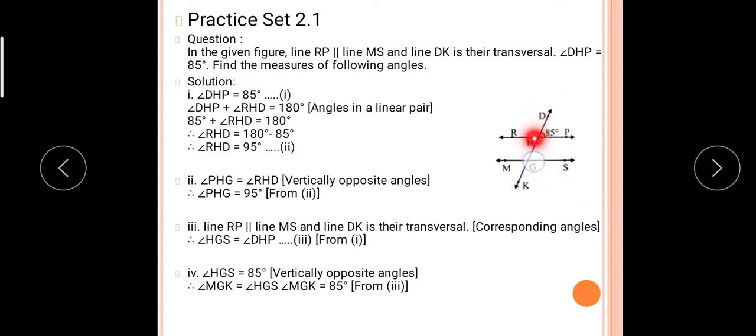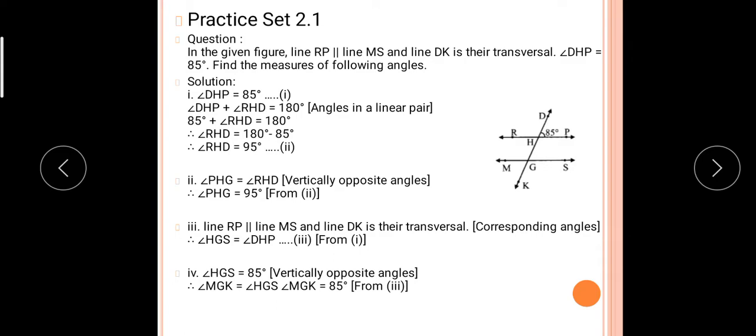This angle DHP and angle HGS. These are corresponding angles. So corresponding angles formed by two parallel lines are congruent to each other. And therefore angle HGS is equal to angle DHP, which is 85 degrees.